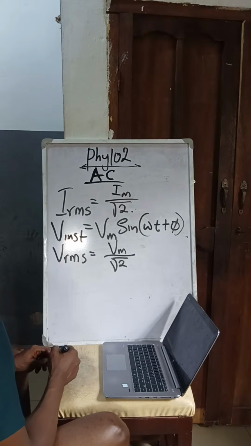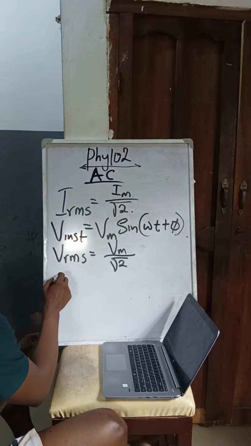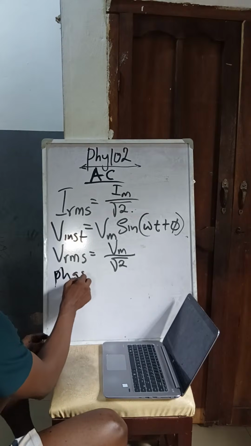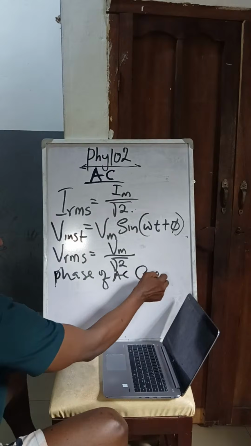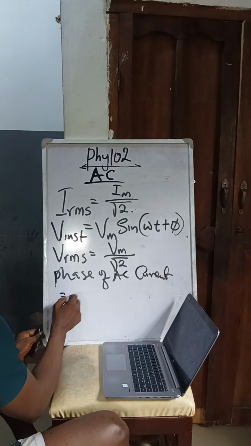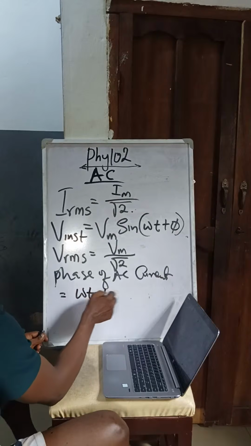What is the phase of AC current? The phase of AC current is equal to omega t plus phi.